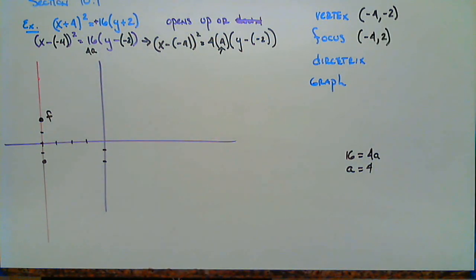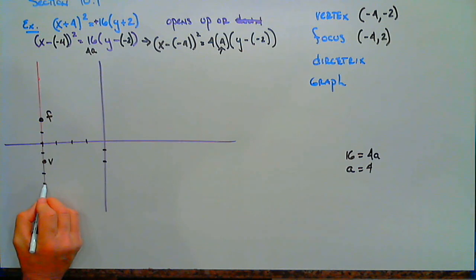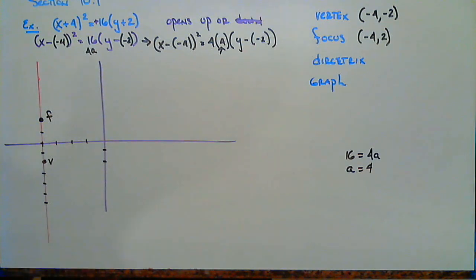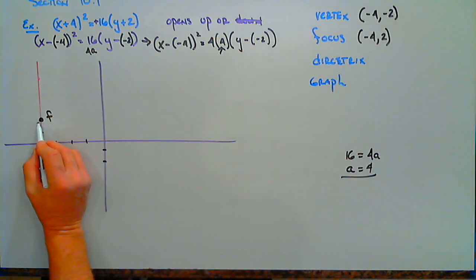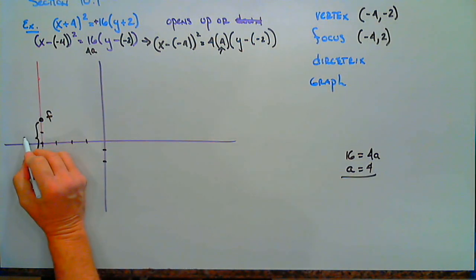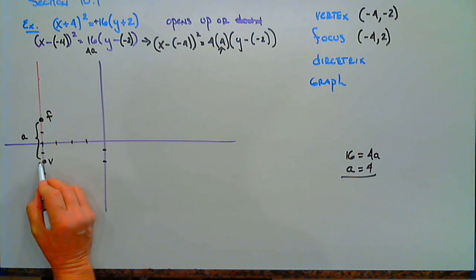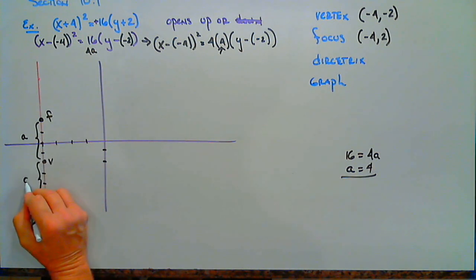Now where's our directrix? It's the same distance down from the vertex, isn't it? So we go down 1, 2, 3, 4, right? Because remember, we found A to be 4, so this right here is A, and this right here is A.